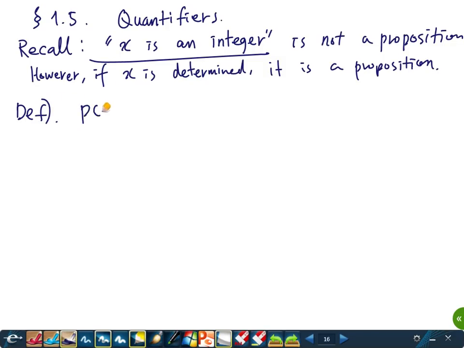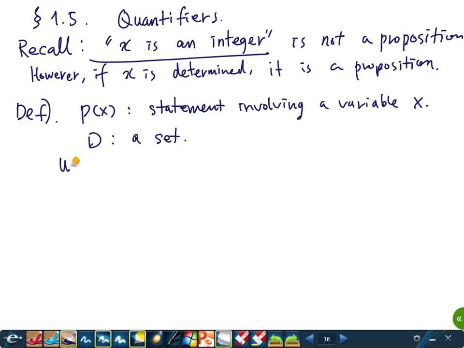So we define this. Let's say P of x is a statement involving a variable x. It's like this. x is an integer, it's a statement involving x. And D is a set.